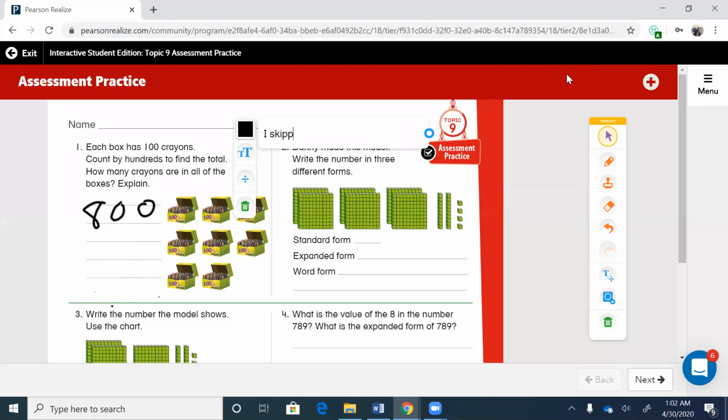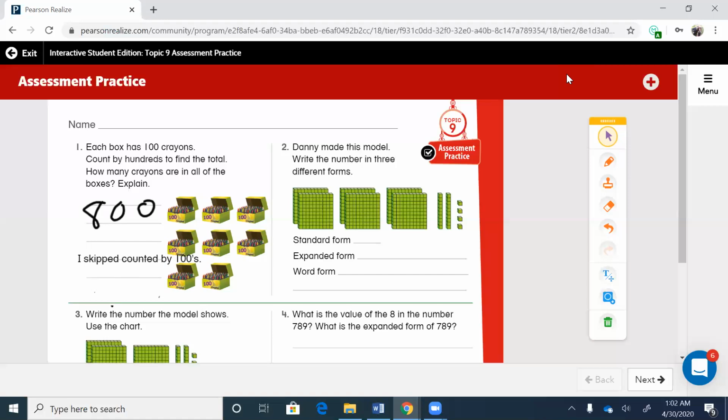I skip counted by 100. All right, and then I should be able to move it like last time. Okay, I'm done. There we go. Okay, oh, we can barely see it. Sheesh.